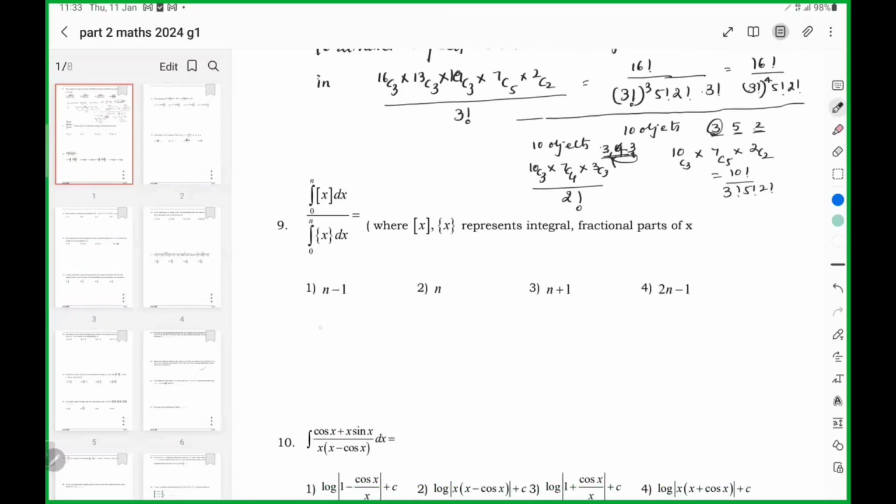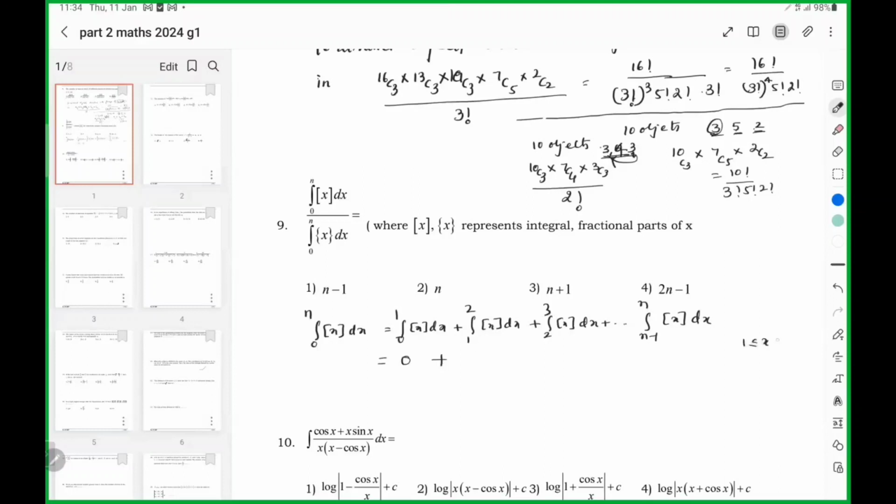Here it is: integral from 0 to n, step of x dx. I'll write 0 to 1 step x, 1 to 2, because this function is discontinuous at integers. So it is n minus 1 to n, step of x dx. It is 0 between 0 and 1.